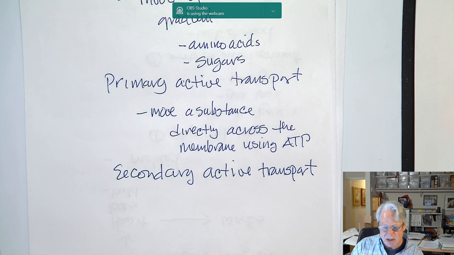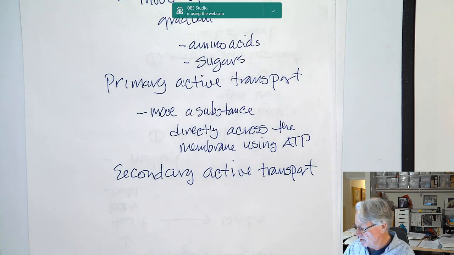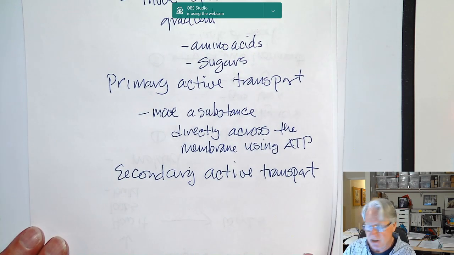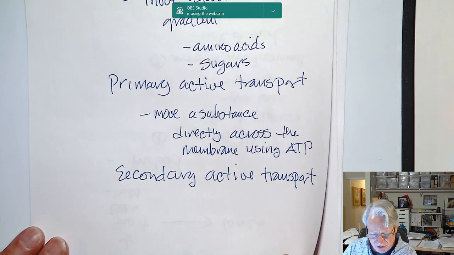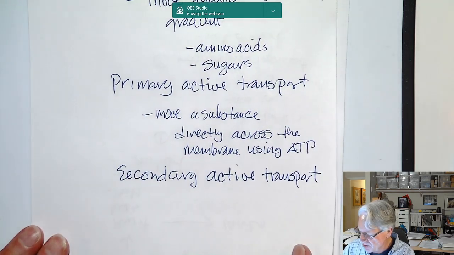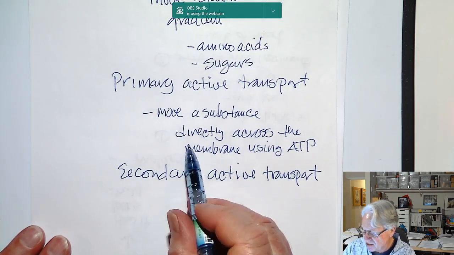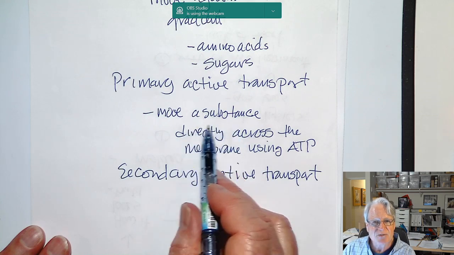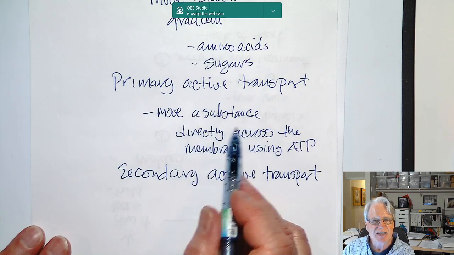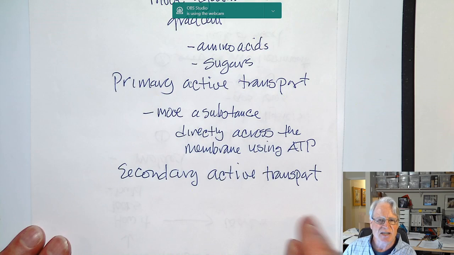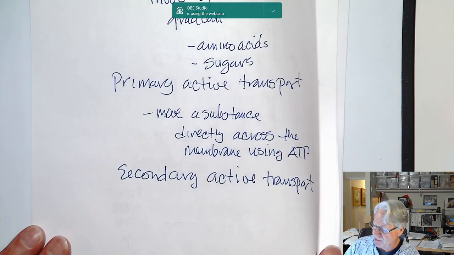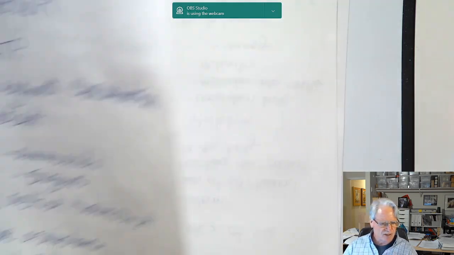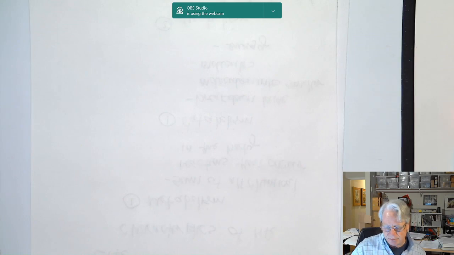This is actually something that happens in the kidneys. So what I'm showing you is something you will see again when you study the urinary system. So I'm going to use a clean page. I'm going to draw a picture here to illustrate what we call secondary active transport. I think it's pretty clear, hopefully, for most students, what primary active transport is: we're moving it directly using ATP. But what's this secondary active transport? What's that all about?